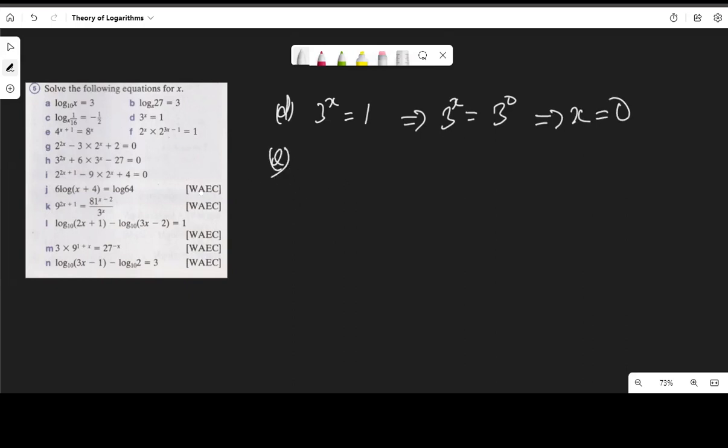In question E, we have 4 to the power of x plus 1 equal to 8 to the power of x.